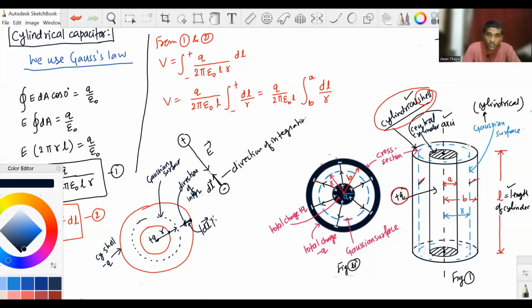Now we need to write this dl in terms of dr, because we want to integrate this expression.